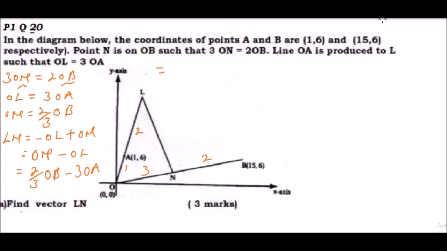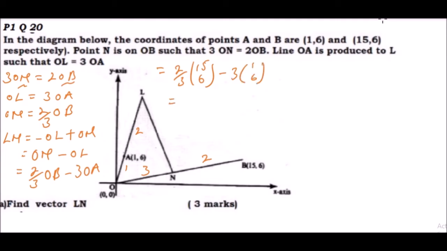This is equal to 2 over 3 times our OB, which is (15, 6), minus 3 times our OA, which is (1, 6).